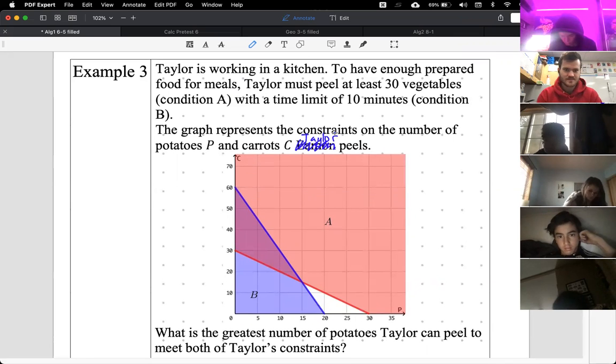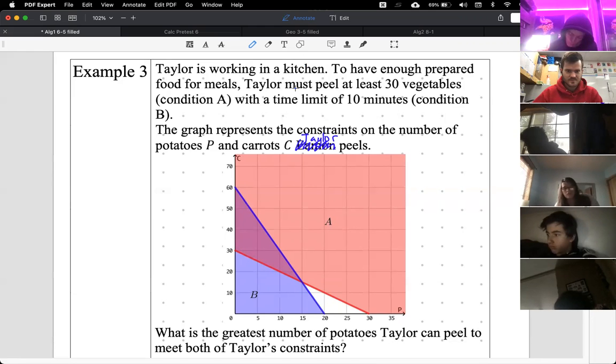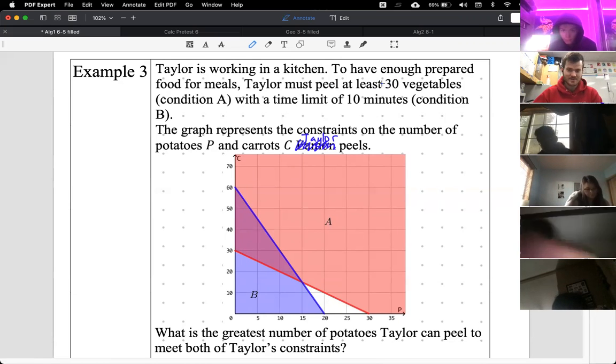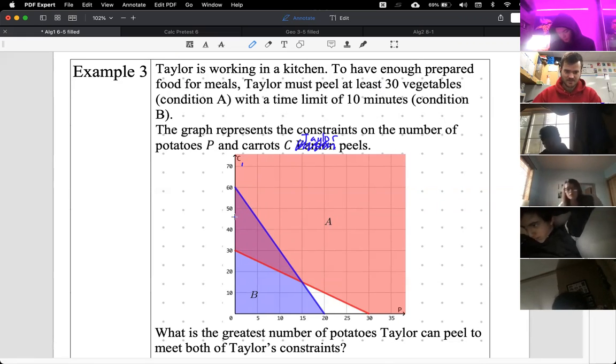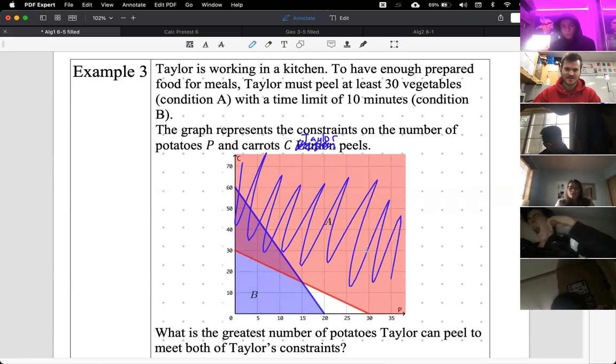So Taylor can only peel so many vegetables. We're talking about potatoes and carrots. So we know that Taylor has to peel at least 30 vegetables. So I have to be above some amount, and that's condition A. I'm helping you guys interpret the graph right now. Taylor has to peel more than 30 vegetables, so something above 30 vegetables, that's condition A. It says condition A is peeling at least 30 vegetables.